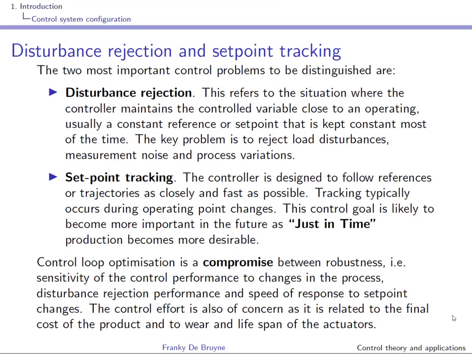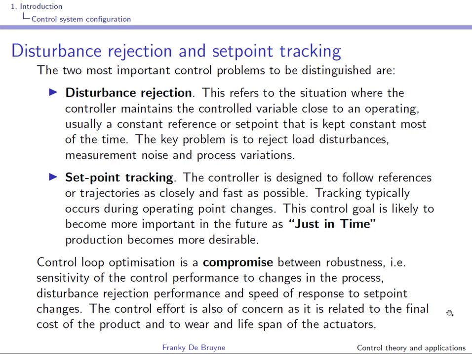Just-in-time production plays a more and more important role so that operating point changes occur more often and set point tracking plays a more important role. People have a tendency to associate the controller with set point tracking, but we'll see that the disturbance rejection capabilities of the controller should not be neglected.